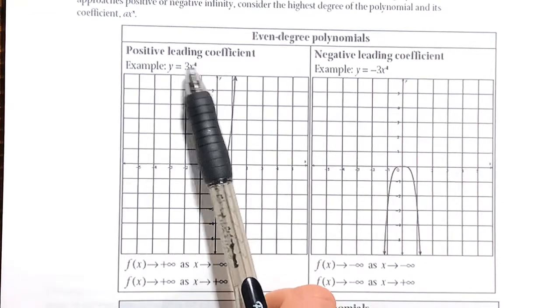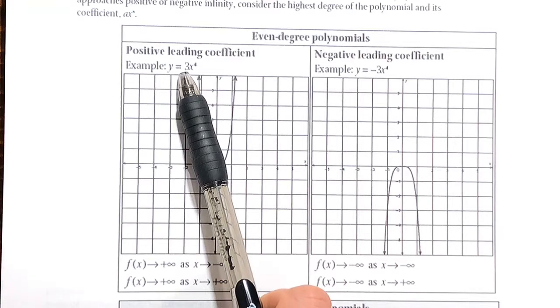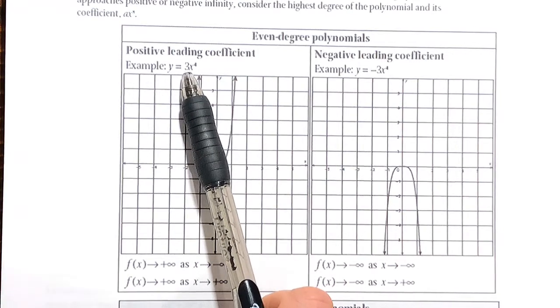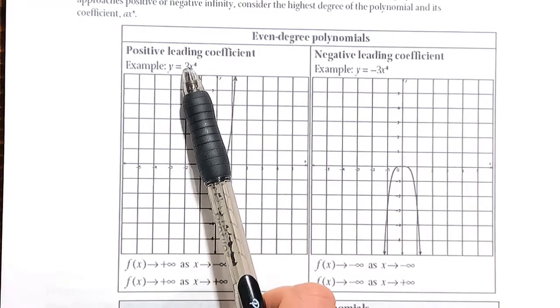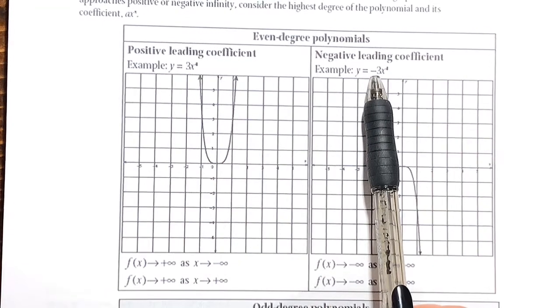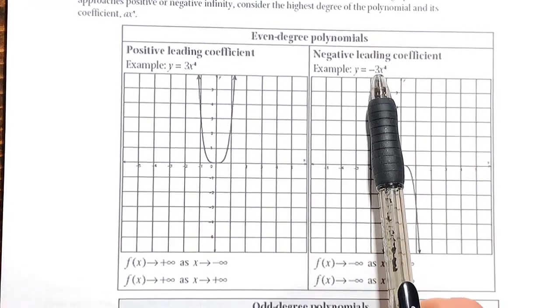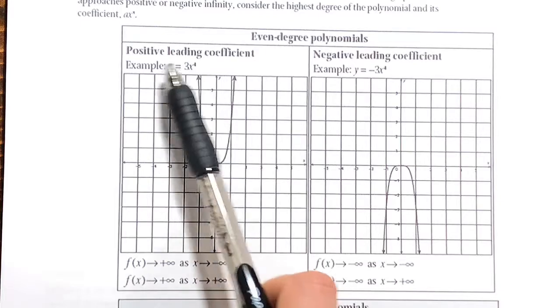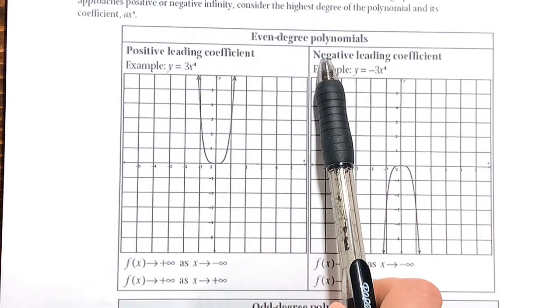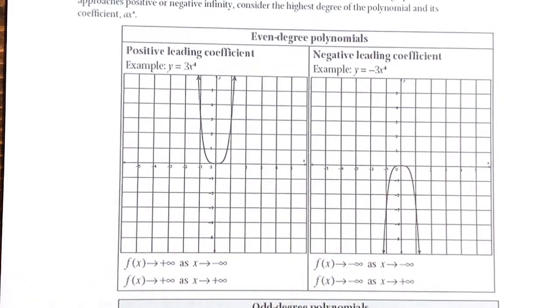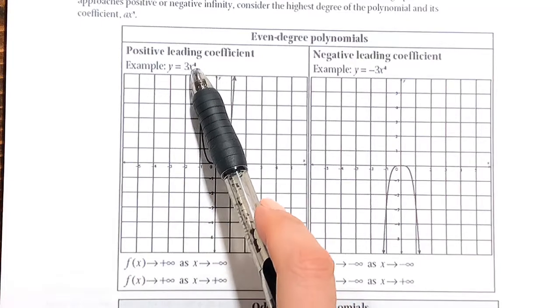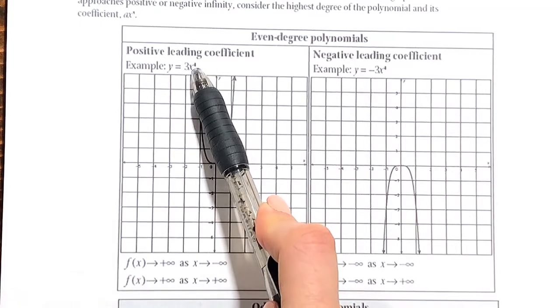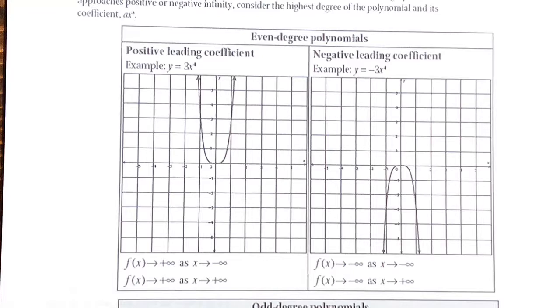And we want to look at that coefficient, the number in front of the variable, and see if it's a positive or a negative number. The actual number value doesn't really matter, we're just looking to see if it's positive or negative. And then we also like to look at the exponent. Is that exponent an even degree or an odd degree? Based on that, your polynomial is going to do different things.